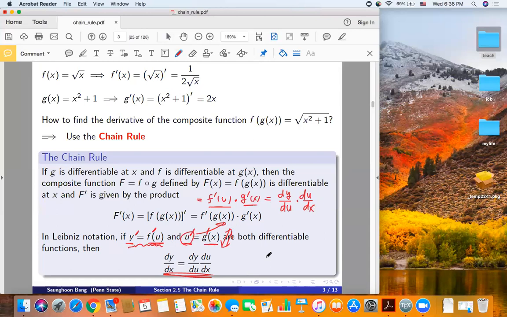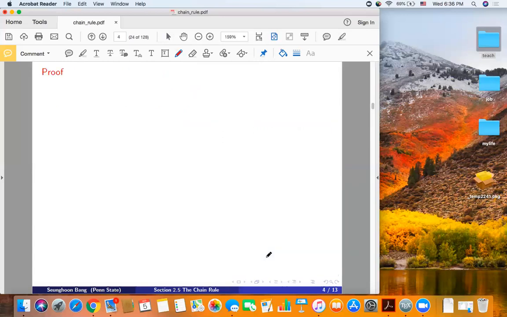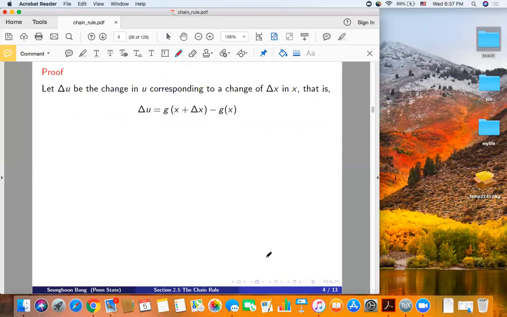How can you prove this kind of thing? Right here, the proof is like this. You can define delta u and delta x. Delta u is the change in u corresponding to a change of delta x in x. So we can derive delta u equals g of x plus delta x minus g of x.